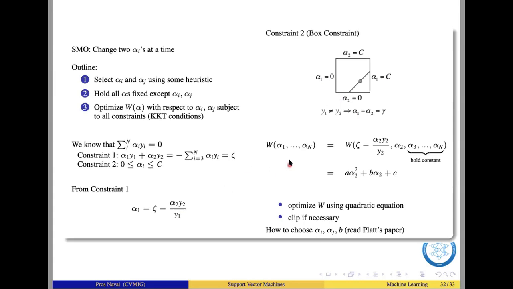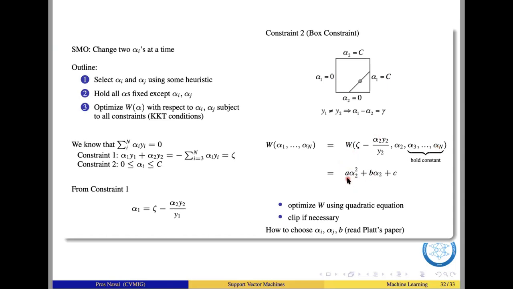So now this quantity that we want to maximize will be formulated as the following. So this is alpha 1, and alpha 2 is there. And then all the other alphas are held constant. So now our W will take this form.